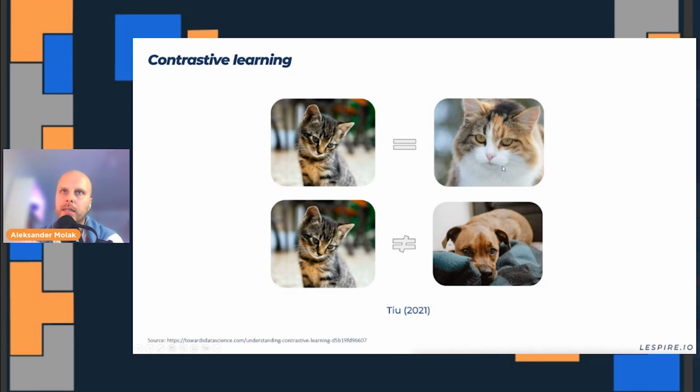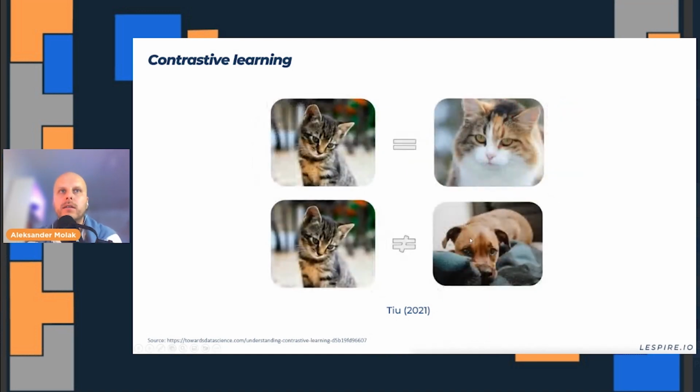Here we have a cat and a cat. That could be a so-called positive pair for contrastive learning. Positive pair means that these objects are similar. We pass them to the network, and the network learns that their representations should be close to each other. Then we have a kitten and a puppy, and we say that they are not similar to each other. This is a so-called negative pair.